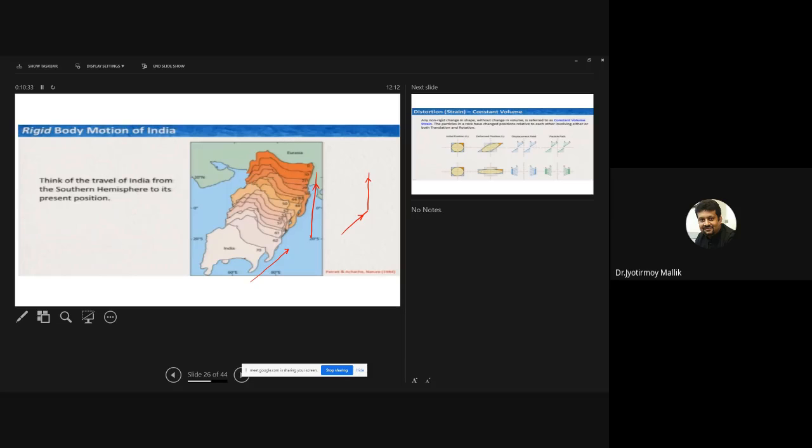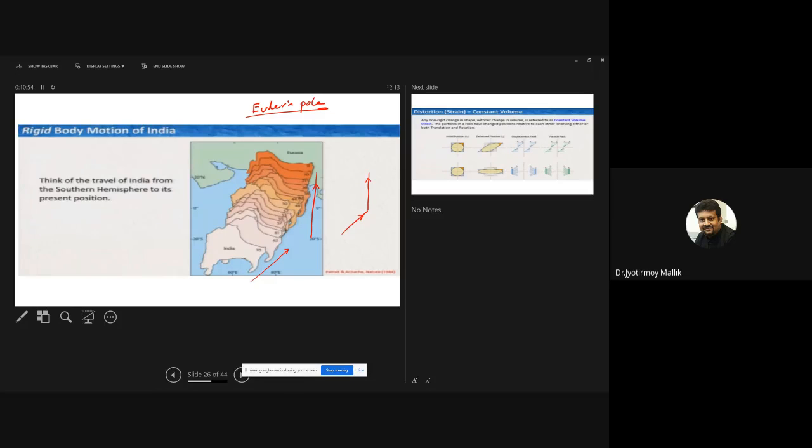And we have defined Euler's pole, if you remember. Euler's pole is the pole around which such plates move. So it depends on the scale and the reference frame.